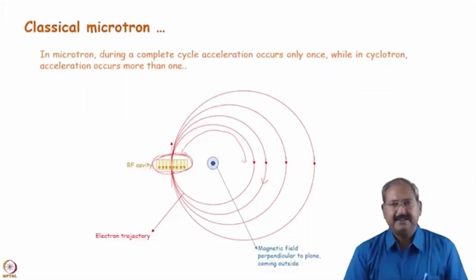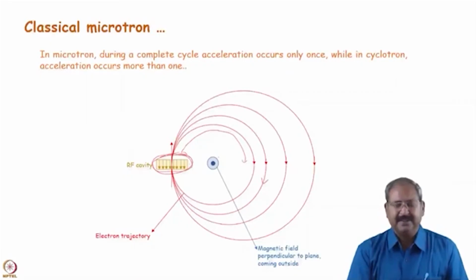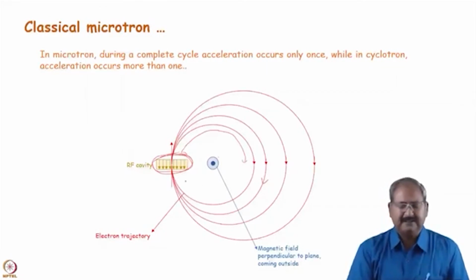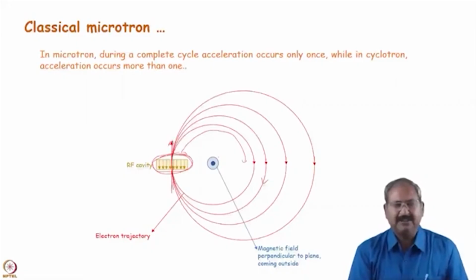In the case of the cyclotron, there were 2 accelerations in one complete circle, because the dee was there, and after every half circle there was an acceleration. In the case of the microtron, this happens only once in a complete circle. So all the circular orbits have a common tangent here, and at that common tangent the RF cavity is there.